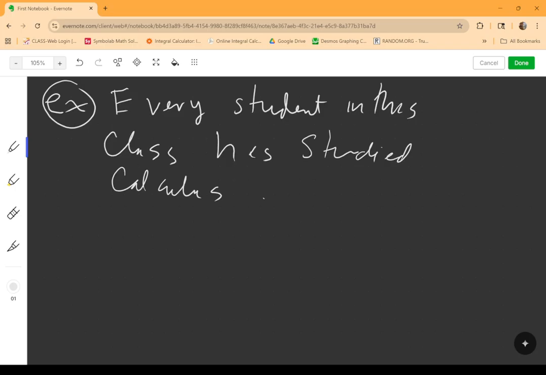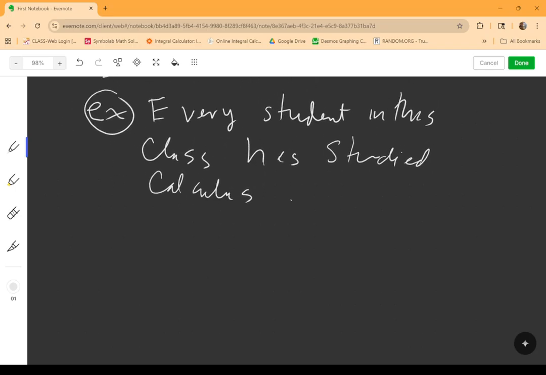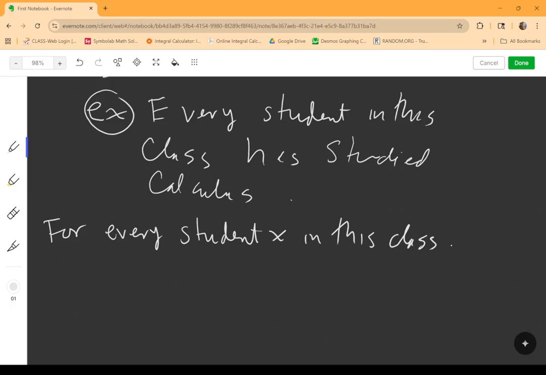The first step is to rewrite this so that we can use predicates, logical connectives, and quantifiers. So we're going to need to introduce some variable. You could say, for every student x in this class, x has studied calculus.